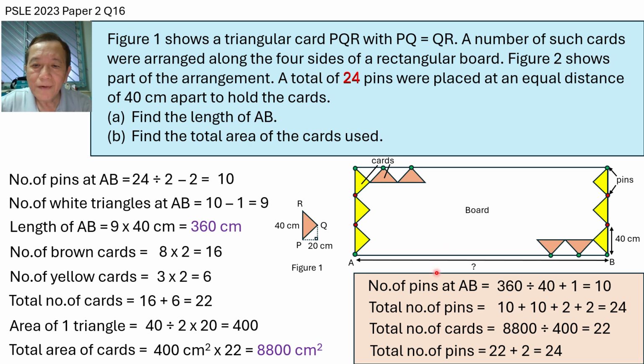Once again, why 22 plus 2? We have 22 cuts, but there are 2 extra, this one and this one. If we associate this yellow cut with this pin, this yellow cut with this pin, this yellow cut with this pin.